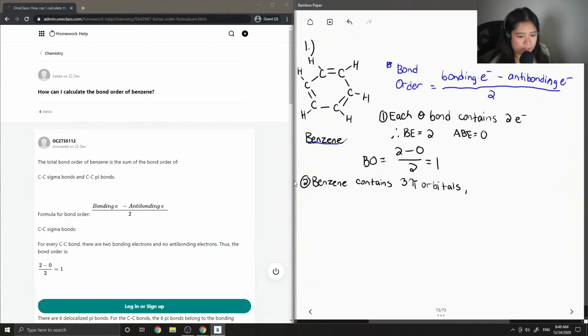Since there are 3 pi orbitals, there are 6 pi electrons. Let me write down the bond order of the total pi bonds in the molecule. So the bond order of 3 is for the total pi bonds.